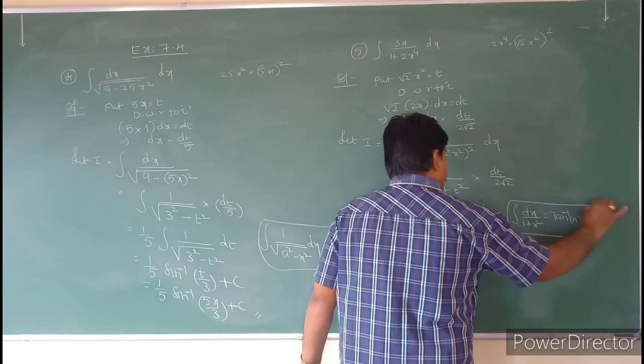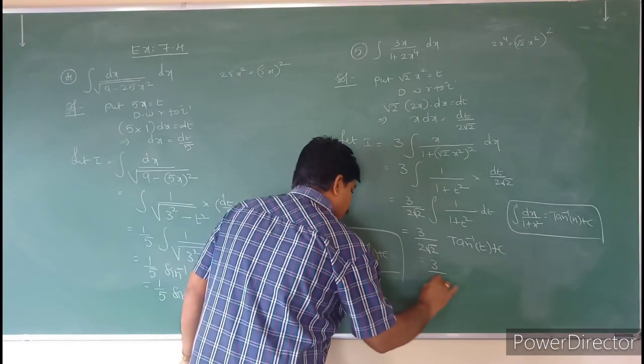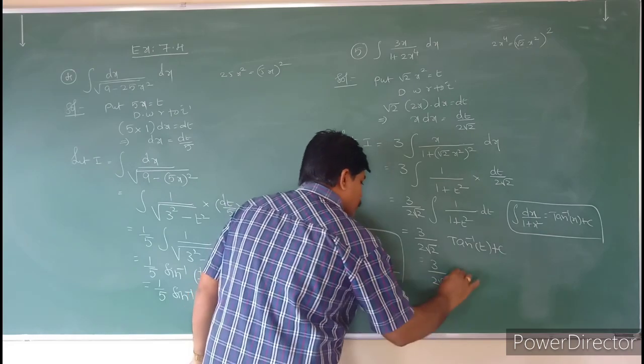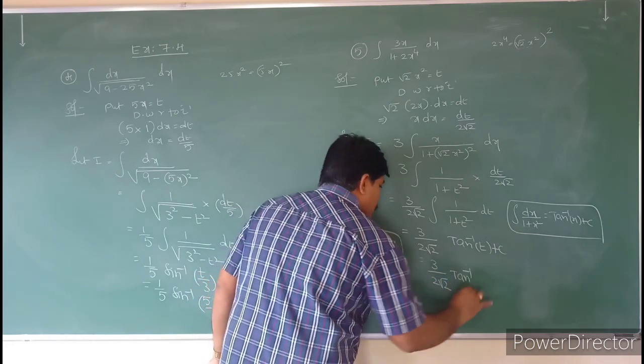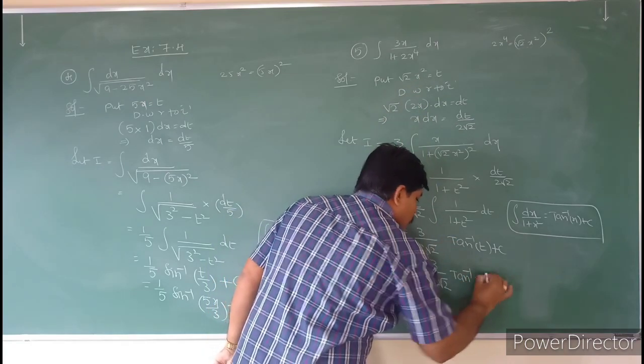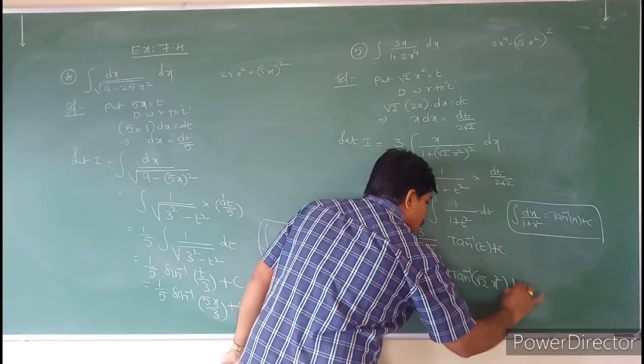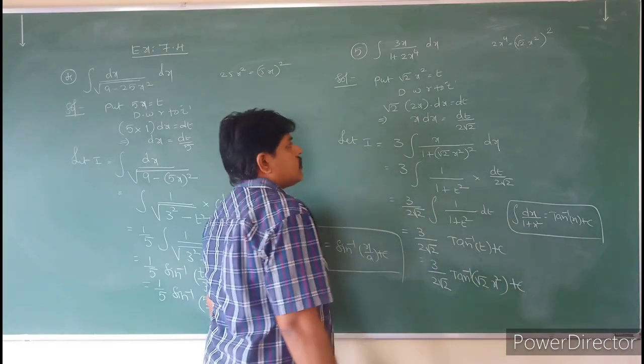So that is equal to 3 by 2 root 2 into tan inverse of, what is the t value? T value is nothing but root 2 x square, plus c.